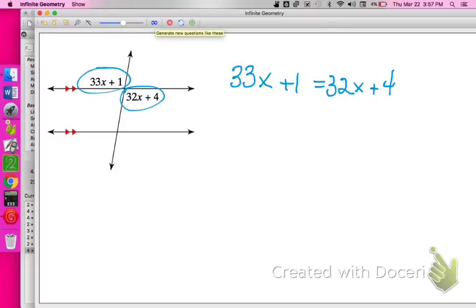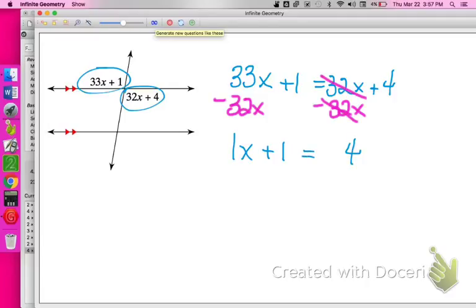So the suggestion here would be to start with low positives. Low positives or high negatives. Or the lower of the 2 x's. It doesn't matter. It looks like that's where I started. It kept things positive. And then when I remove this 1 from the left, I get my answer, x equals 3.